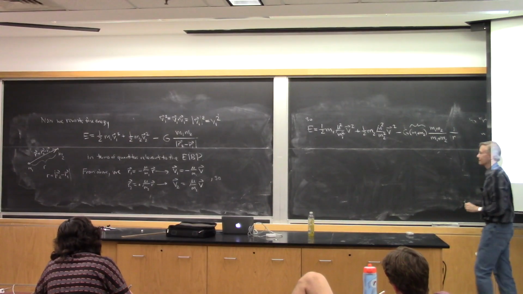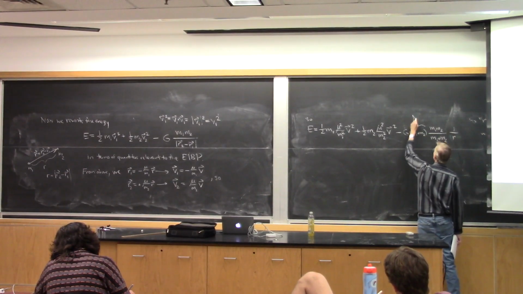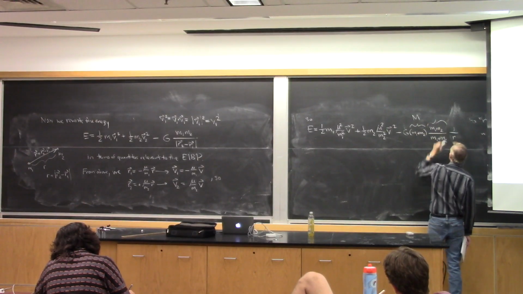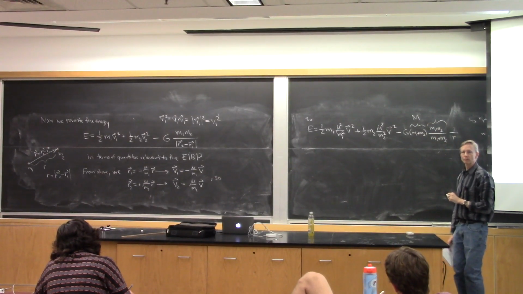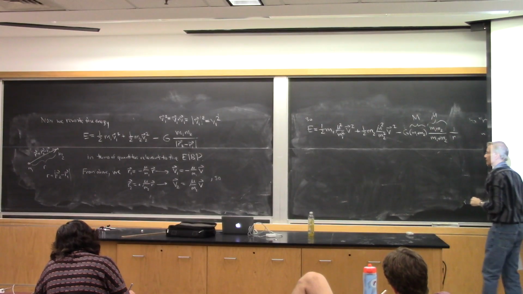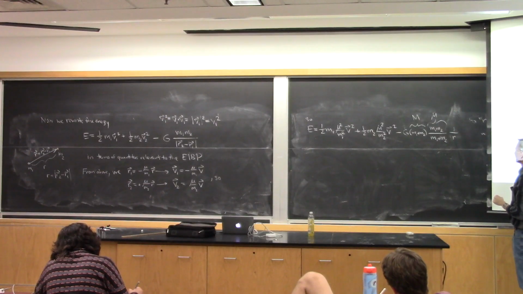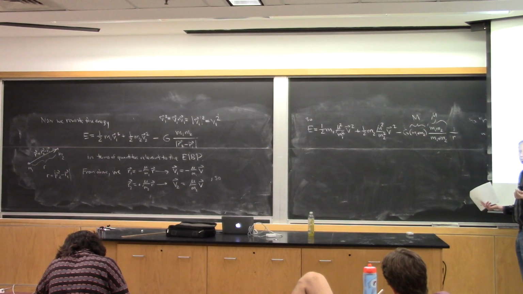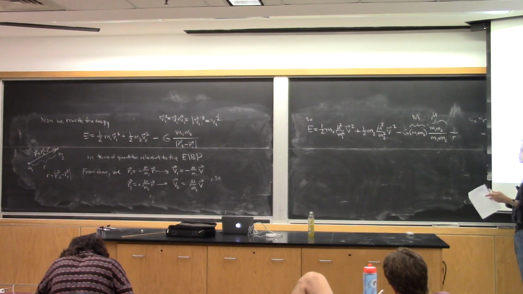Capital M, right? And what's m1 m2 over m1 plus m2? That's mu, right? So in place of g m1 m2 over r, we get g big M mu over r, just like we would like. That's like if I just had two bodies, capital M and mu gravitating, their potential energy would be minus g M mu over r.